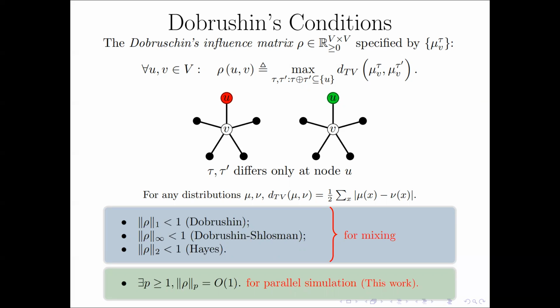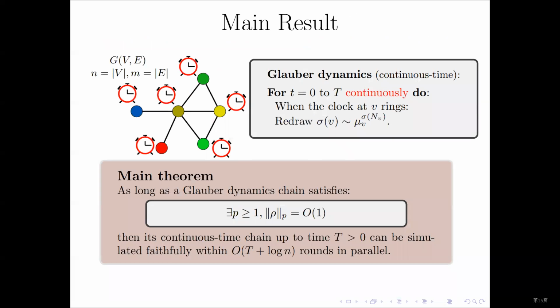In this work, we give a much weaker condition for parallel simulation. Our main theorem requires that there exists some p such that the p-norm of rho is a constant.